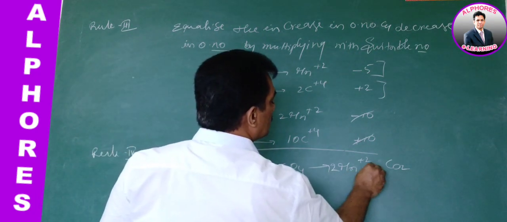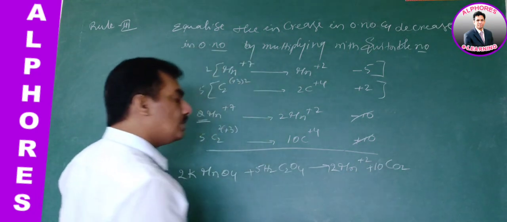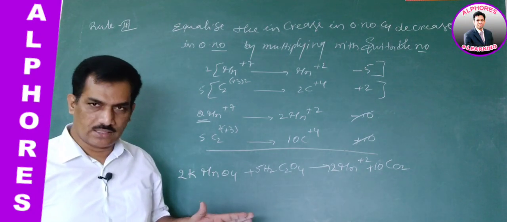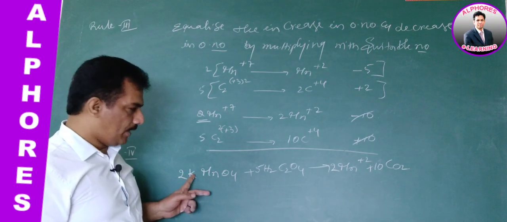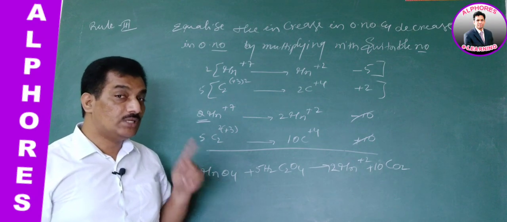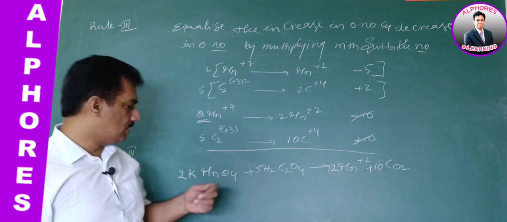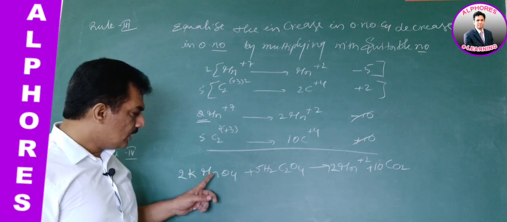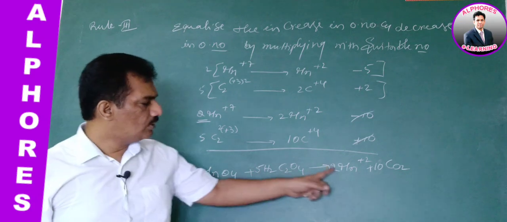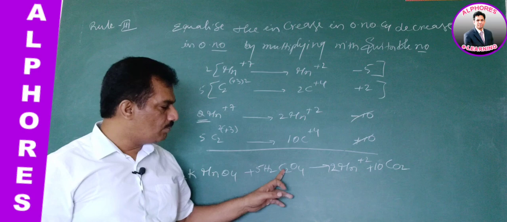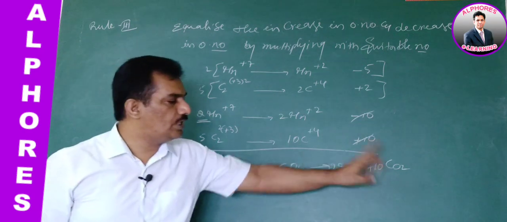Here you can observe that other than oxygen and hydrogen, all the remaining atoms get balanced. 2K, K is not there in the product. Already we discussed in the previous session, it is nothing but a spectator ion. And now Mn, 2Mn. And oxygen, we need not go. 2 carbons, 2 into 5, 10 carbons, 10 carbons.